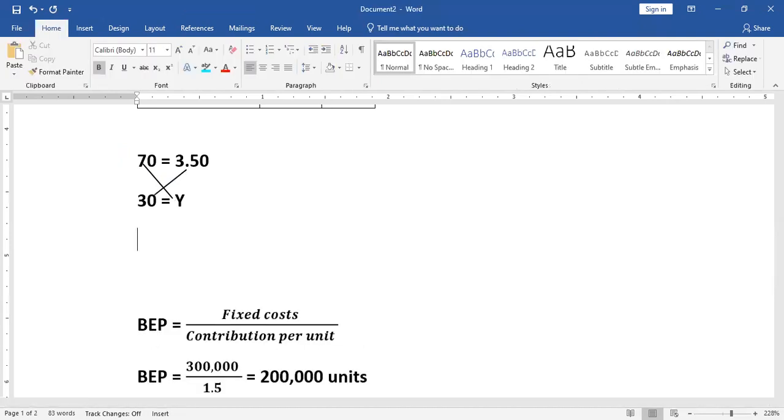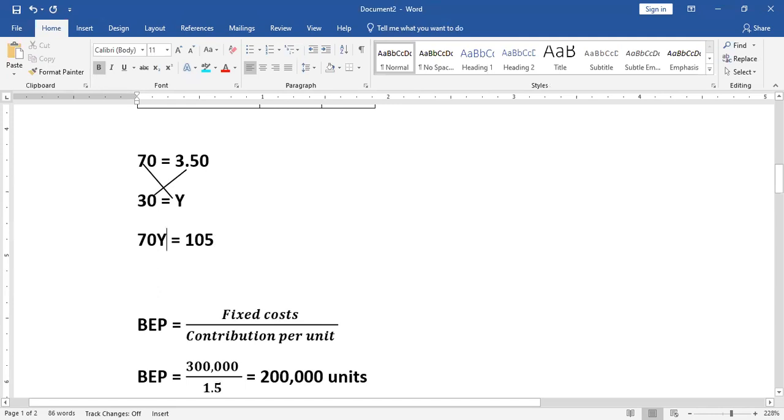So 70 multiplied by y will be 70y, and 30 multiplied by 3.5 is giving me 105. So I have that. To solve for y, I'll divide both sides by 70 so that I can eliminate that 70.